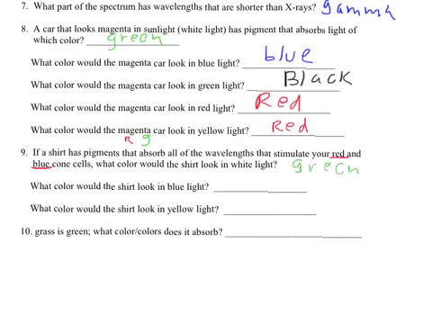Since it absorbs blue, and that's all that's hitting it, it is going to look black. What color does the shirt look in yellow light? Let's remember, yellow is a combination of green and red, and since this one absorbs red, it will end up looking green because it reflects the green light that hits it.